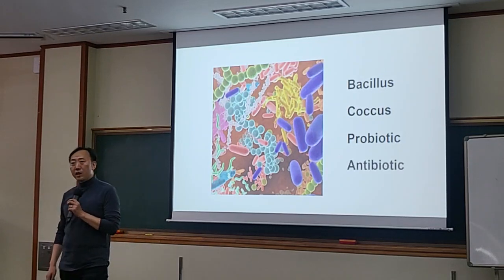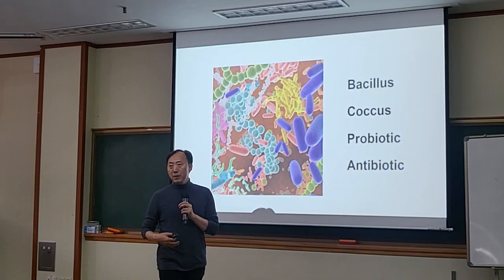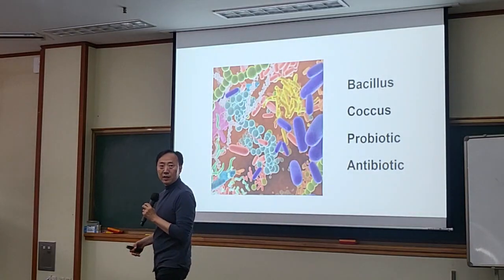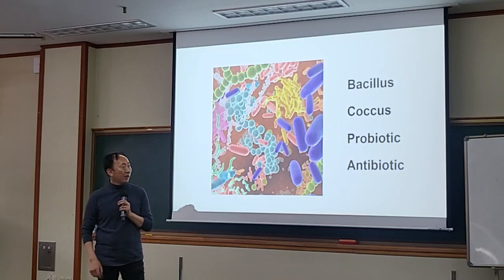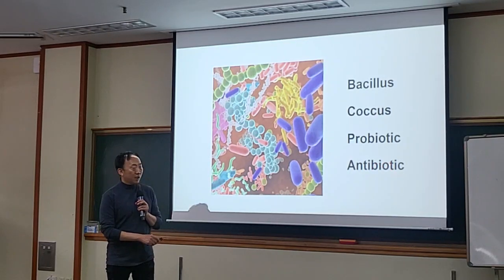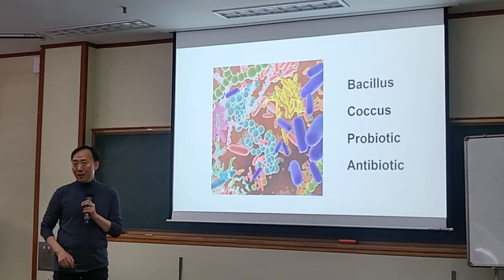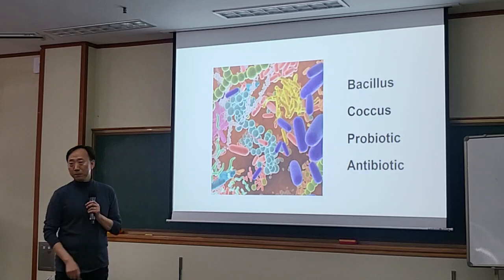Now today we are going to study antibiotics. Pro means for us, helping us, is a probiotic. Antibiotic is the opposite. When I asked who is this biotic in antibiotic, the answer was that bio is bacteria, the biotic as an enemy. Then how about here? Who is this biotic?